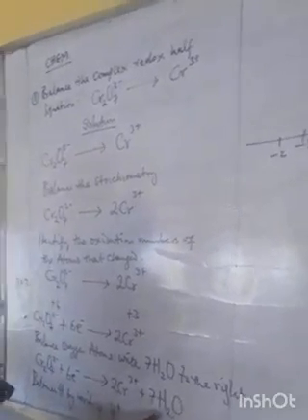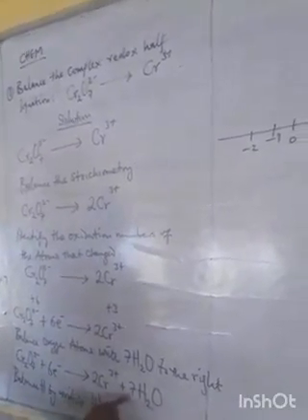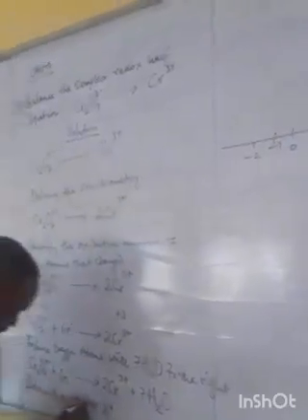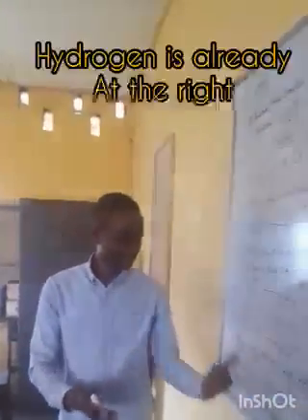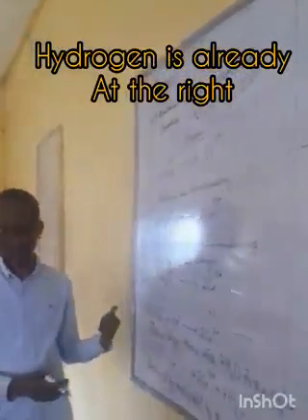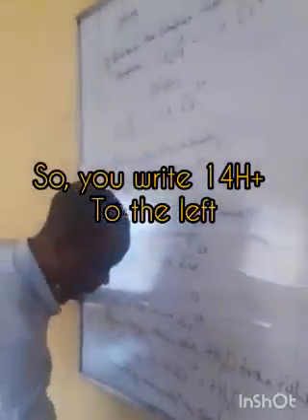How many hydrogen atoms are in the water here? 7 times 2, that is 14. We write 14 H plus to the right or left? Hydrogen is already at the right, so we write 14 H plus to the left.